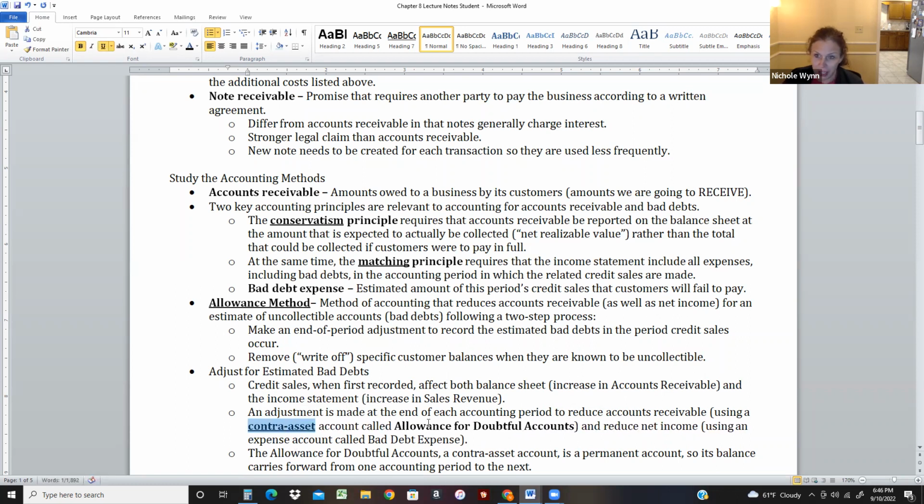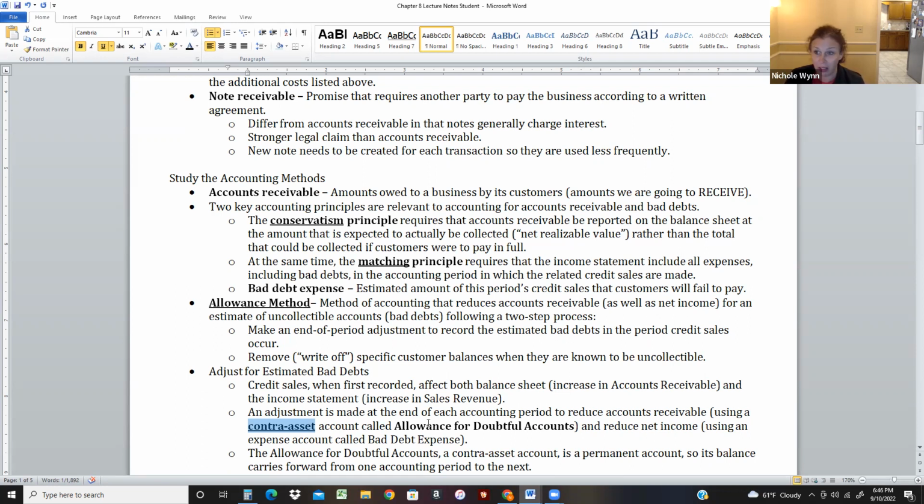Allowance is the second contra asset that we learn about. We already learned about a contra asset back in chapter 4, and that was accumulated depreciation. It began with an A, just like allowance. Those two accounts are both contra assets. They offset an asset. Accumulated offsets equipment or building or whatever you're depreciating, and allowance offsets accounts receivable.